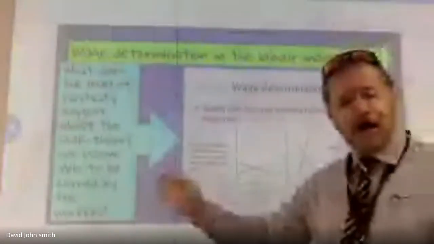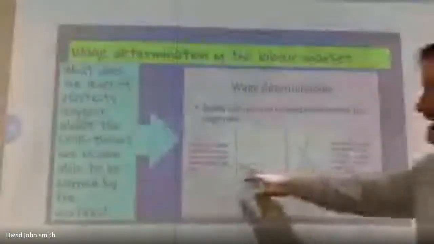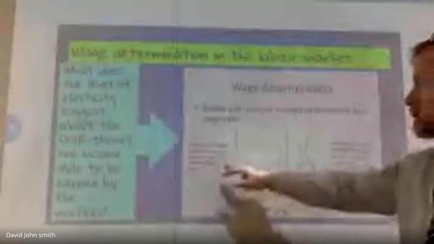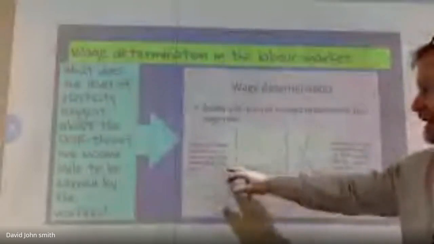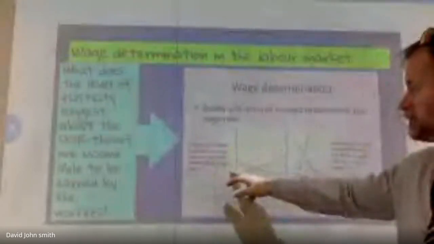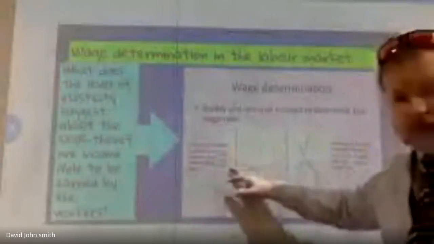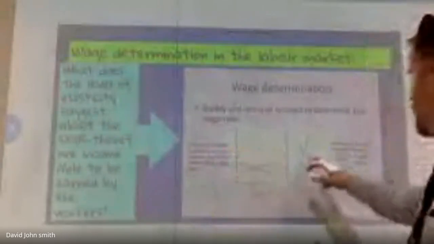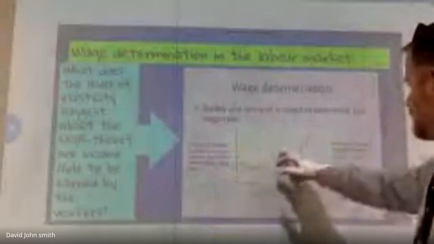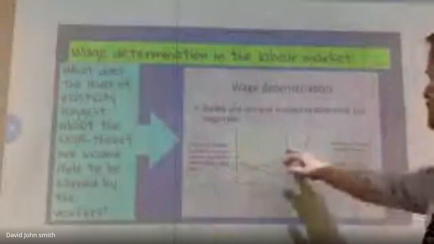Now, when you marry up the supply curve with the demand curve, you're going to create your labour market. And again, it's that idea about elasticity. So you can see here the wages for somebody who might work, say, in the fast food industry might be a considerable amount lower than the wages for, say, a brain surgeon, or cardiothoracic surgeon, astronaut.